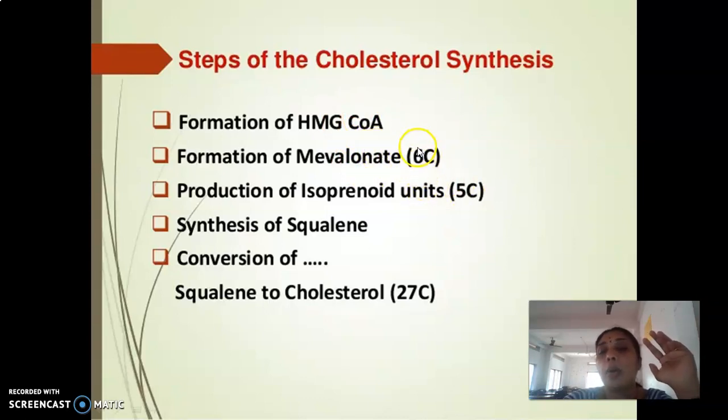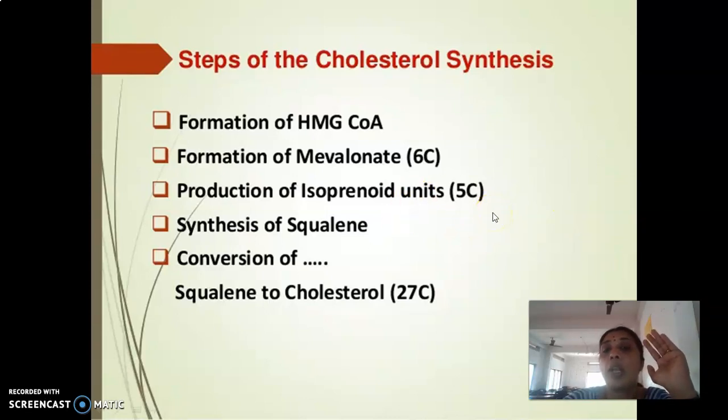This 6-carbon compound then undergoes decarboxylation to give rise to a 5-carbon compound, the first formed being isopentenyl pyrophosphate. Then 1 more molecule of IPP undergoes isomerism to give rise to dimethyl allyl pyrophosphate, that is DPP. So 1 molecule of IPP and 1 molecule of DPP are both 5-carbon compounds. This 5 plus 5 gives rise to 10.